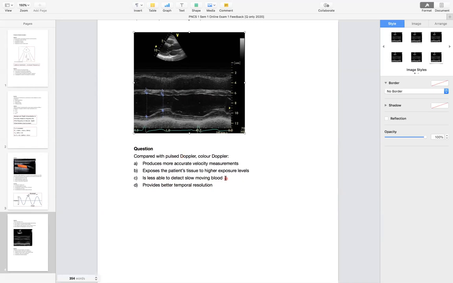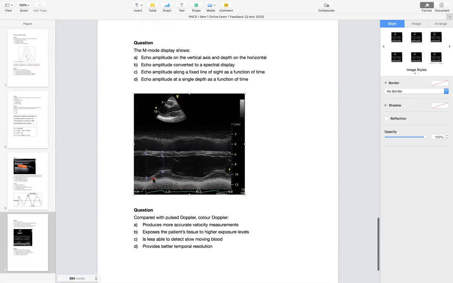That's because the scale setting, which can be manipulated using the control settings, which I'll talk a little bit about later on, can be turned right down, and that's a really important feature within color Doppler imaging. So the answer for this particular one is C.